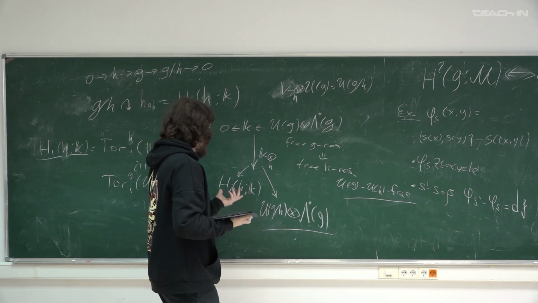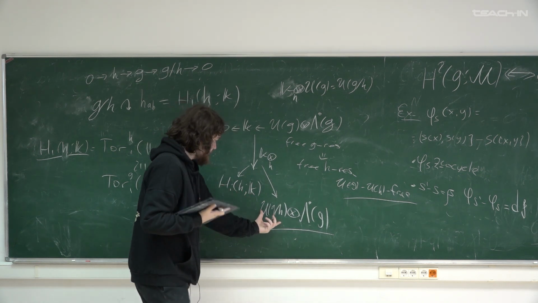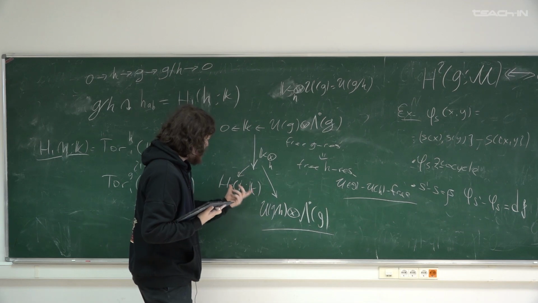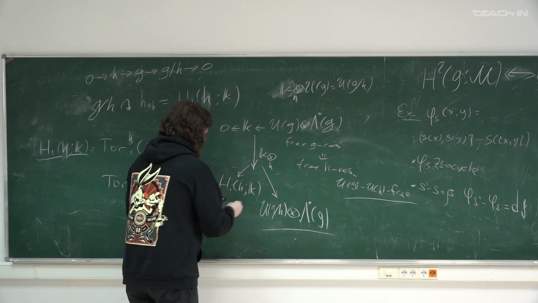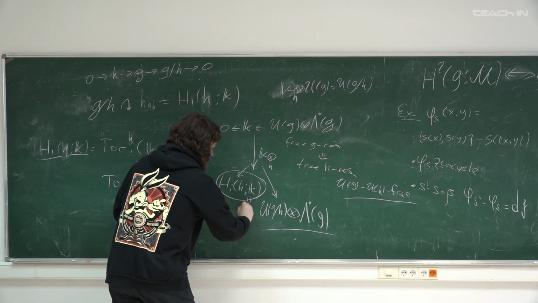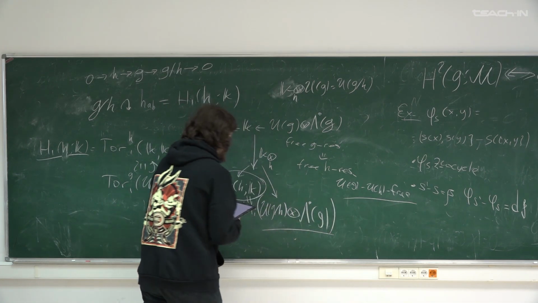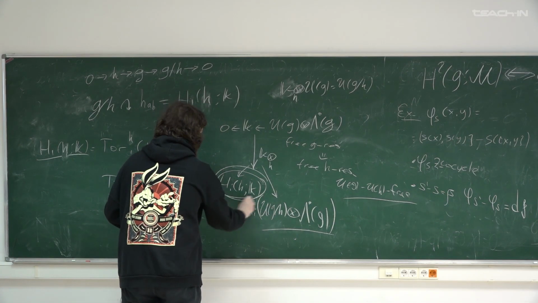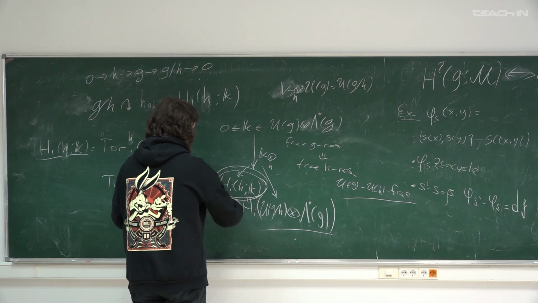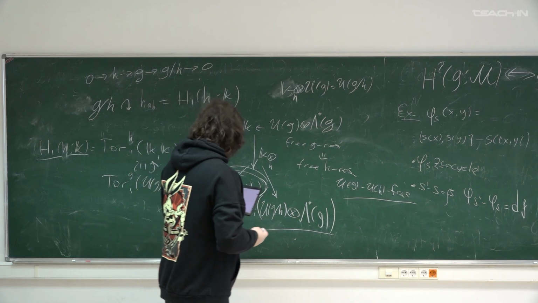So we obtain a module structure over this invariant algebra on these homologies, because these homologies are the homologies of this chain complex of modules. So this is our action, and this is now an easy exercise.